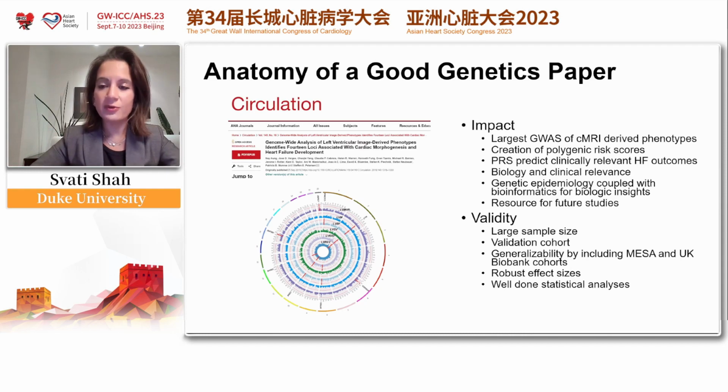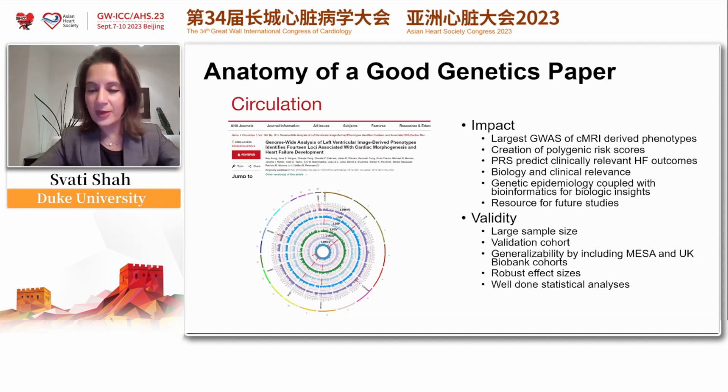And they found several novel genes that were associated with these left ventricular phenotypes, which in and of itself was interesting and impactful, because they not only associated with these intermediate phenotypes, but were also relevant to clinical heart failure. They also created a polygenic risk score, combining multiple variants from this genetic study, and this polygenic risk score had clinical implications because it predicted heart failure.